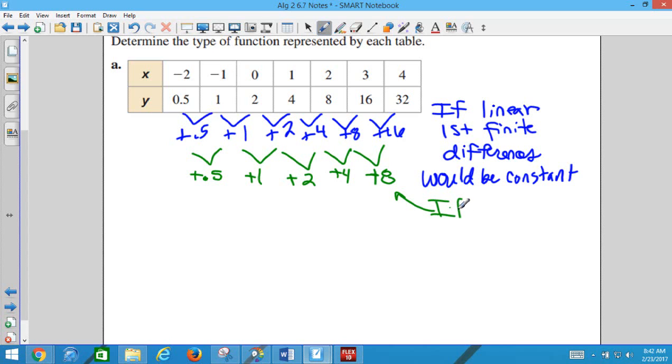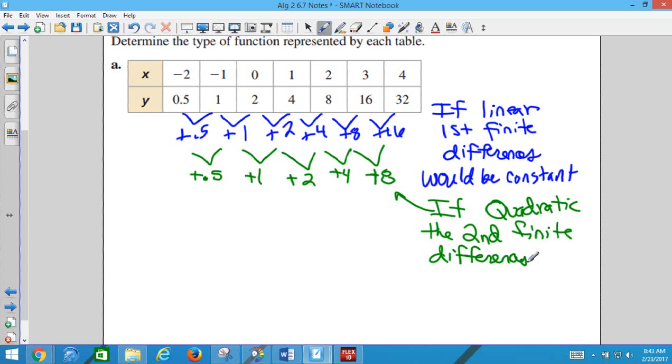But if it was quadratic, the second finite differences would be constant. But this one's not, so I know it's not quadratic.